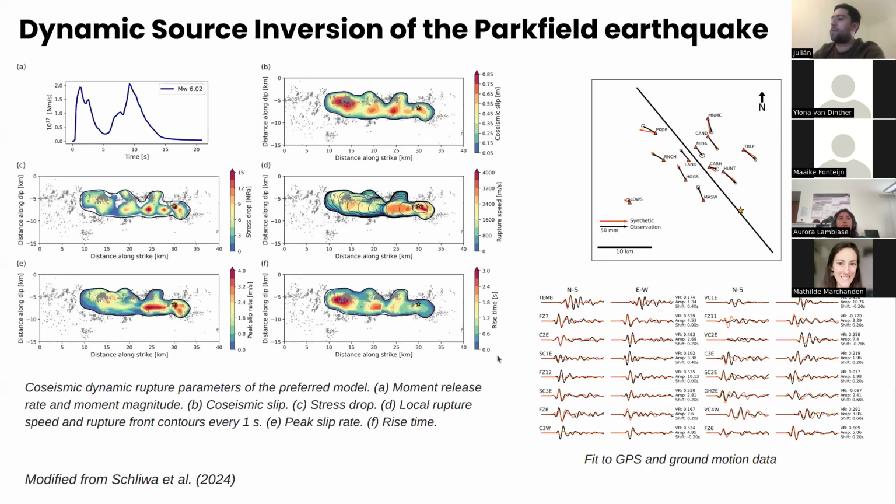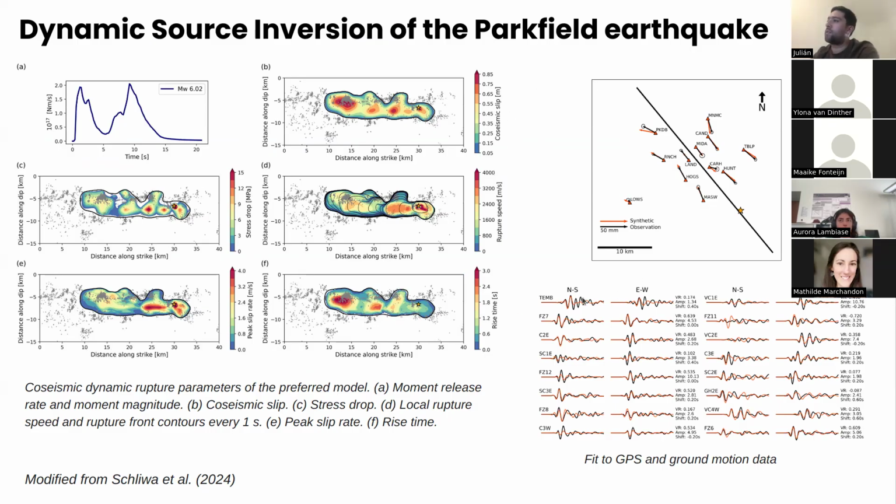Here is an example of this dynamic inversion method applied to the Parkfield earthquake. What you can see on the figure are the dynamic rupture parameters: the stress drop, the peak slip rate, the co-seismic slip, the rupture speed, and the rise time.